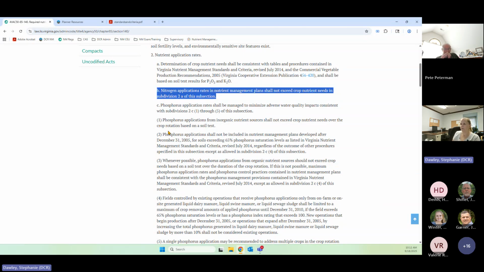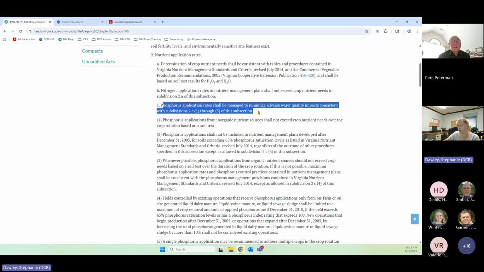But then in 2005, phosphorus was becoming more of an issue. Phosphorus was always written as rates shall be applied, managed to minimize adverse water quality impacts.